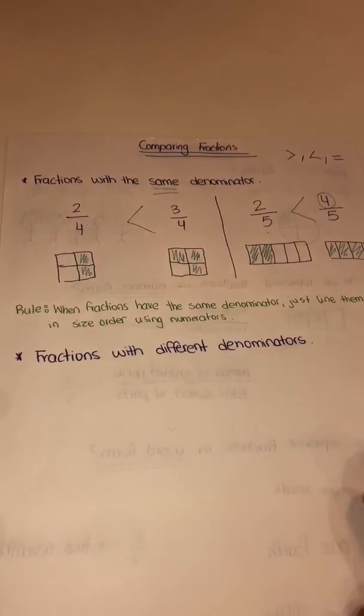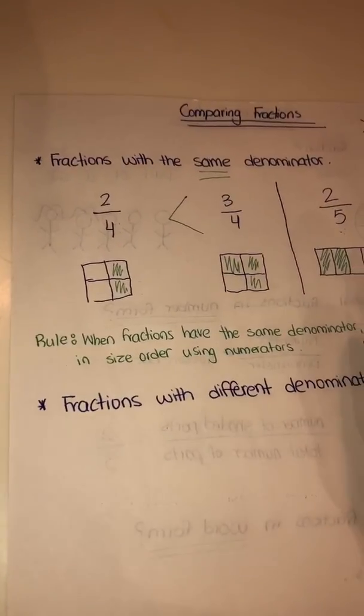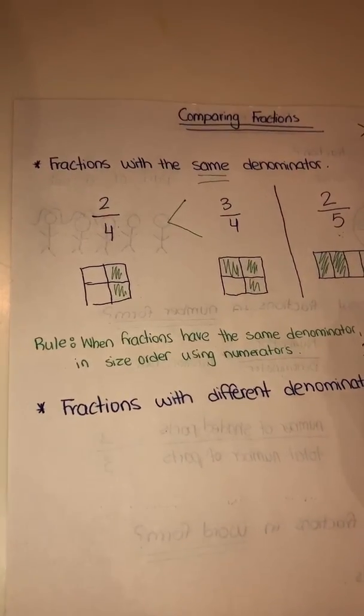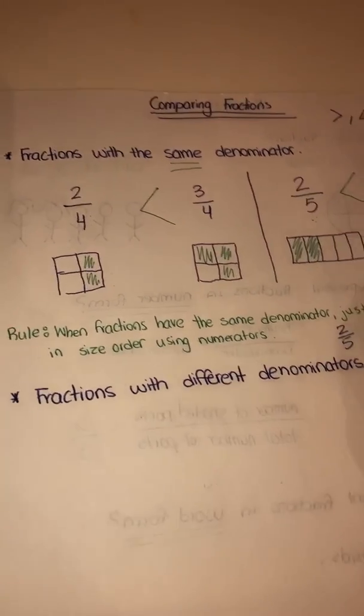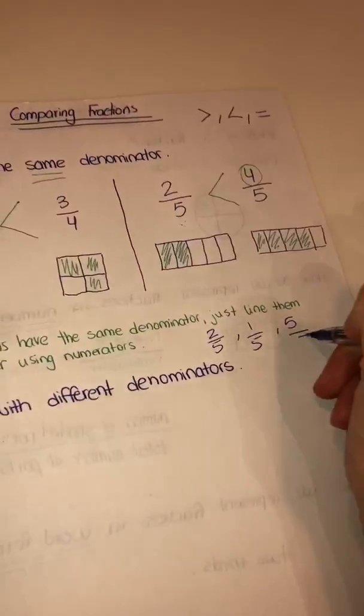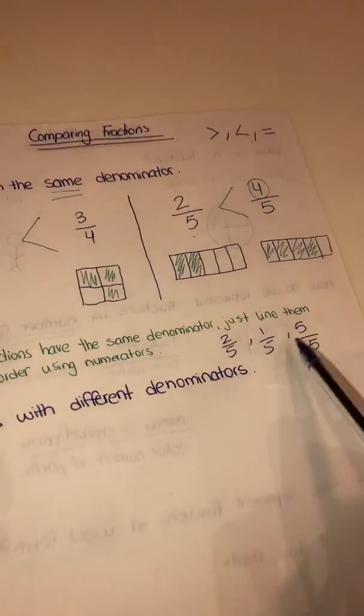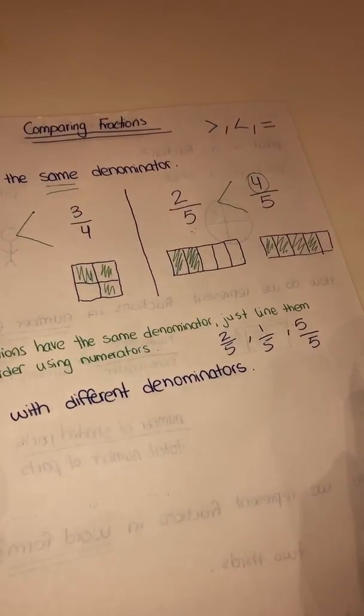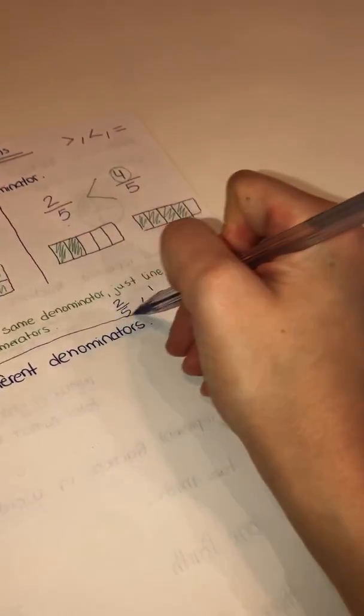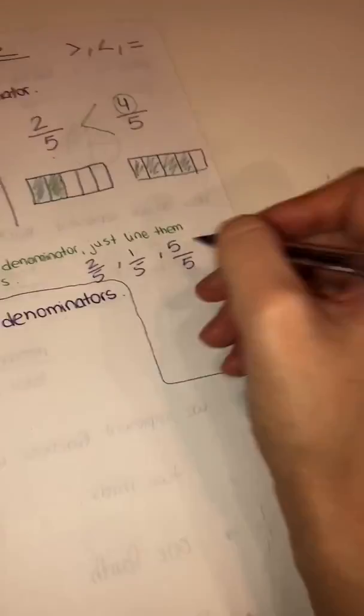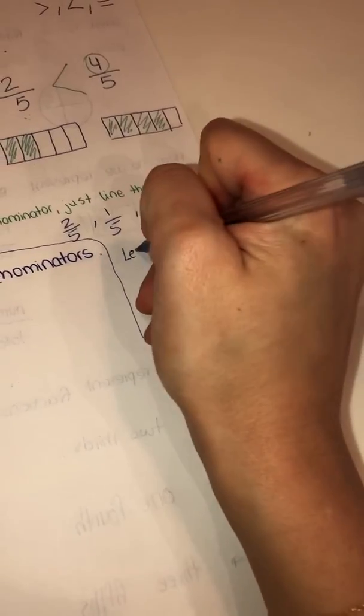Now, if I told you I have these 3 fractions, how do you line them up from least to greatest? Let's do this, from least to greatest.